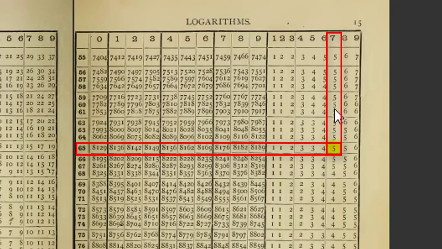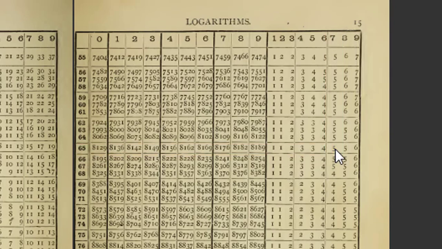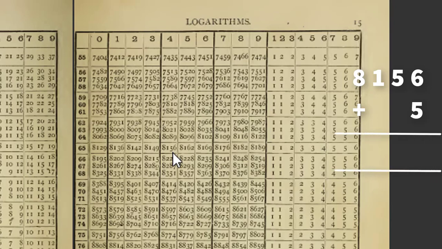Difference 7 is 5. So all we need to do is take the value you get here, 65 under 4, and add the difference to it. So we have 8156 plus that 5 that we got for our difference, and the value will now be 8161.